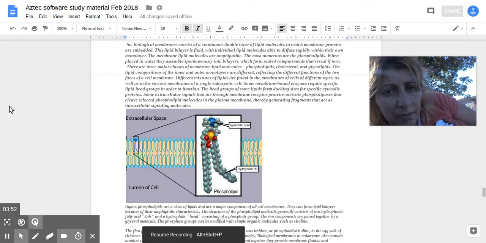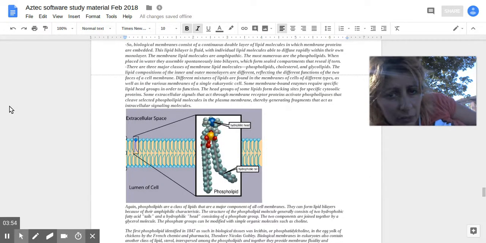So biological membranes consist of a continuous double layer of lipid molecules in which membrane proteins are embedded. This lipid bilayer is fluid, with individual lipid molecules able to diffuse rapidly within their own monolayer. The membrane lipid molecules are amphipathic, which means they are polar and nonpolar.